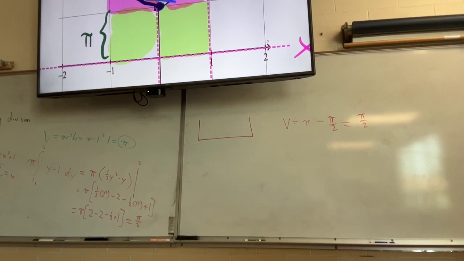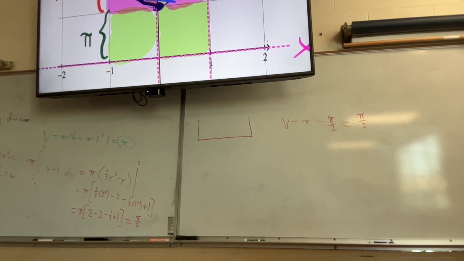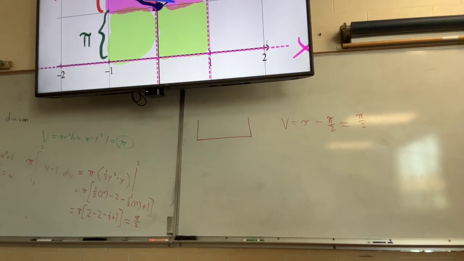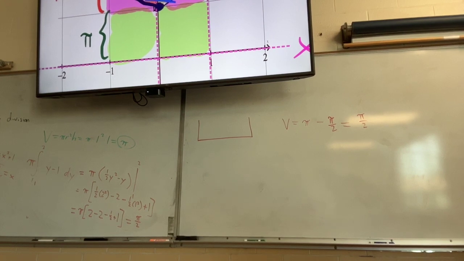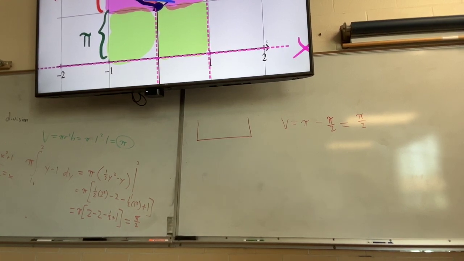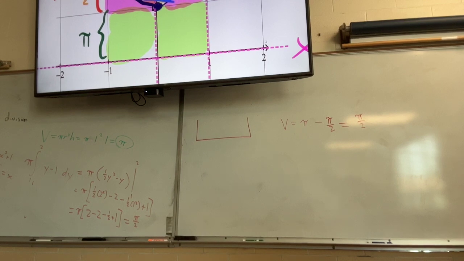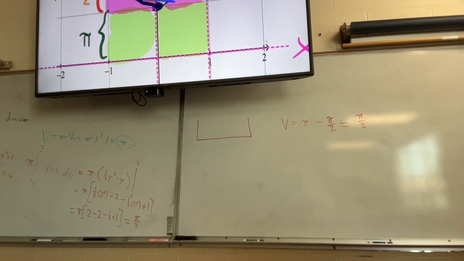I needed to find the volume of this top half then. To find that volume, I did the whole thing. Well, the whole thing was pi. So I did the orange and the pink, and I subtracted from that the volume of the orange, which was pi over 2. So that just gives you pi over 2.